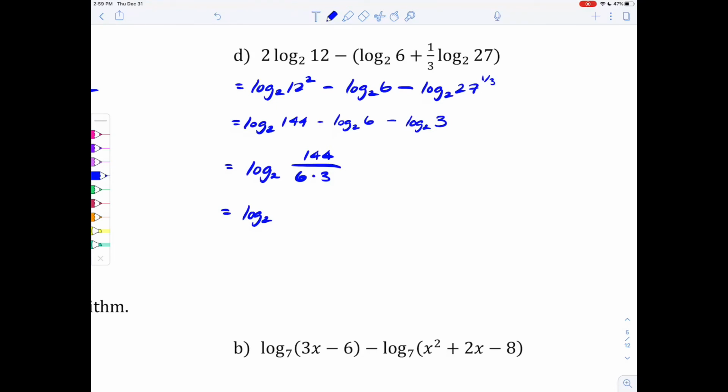And then divided by 3 is 8. And then this must be 3, because 2 to the power of 3 is 8, because 3 is the exponent that 2 needs to become 8.